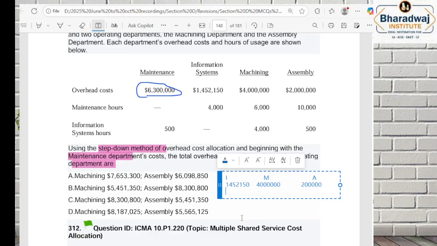Tell me 63 lakh into 4 by 20, 6 by 20, 10 by 20. 12 lakh 60,000. 18 lakh 90,000. And 31 lakh 50,000.